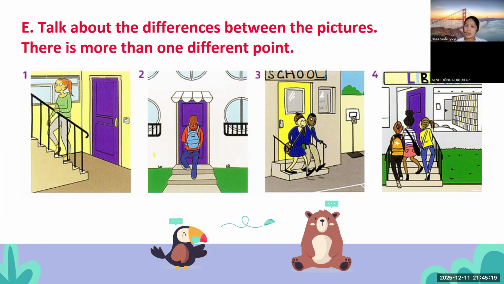Look at picture 1. Is it a girl? How about in picture 2? Oh, it's a boy. Very good. And look at the doors, Potato.